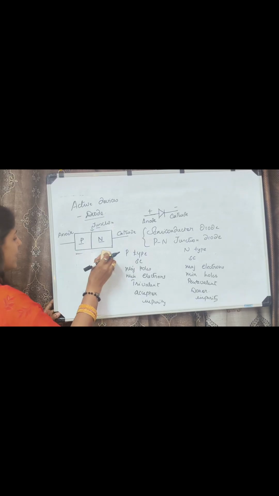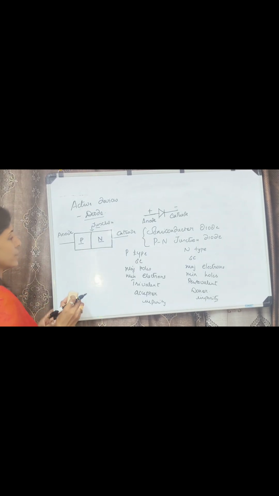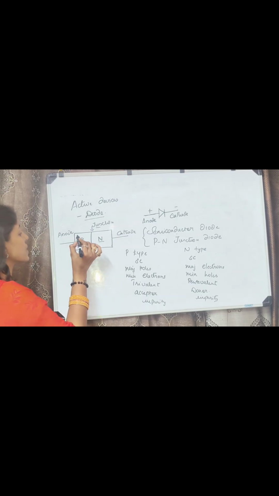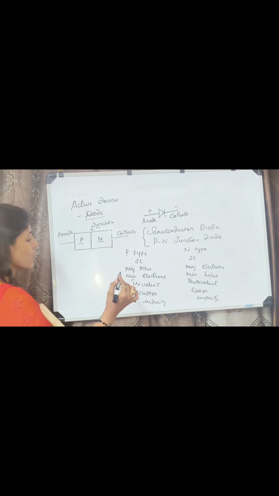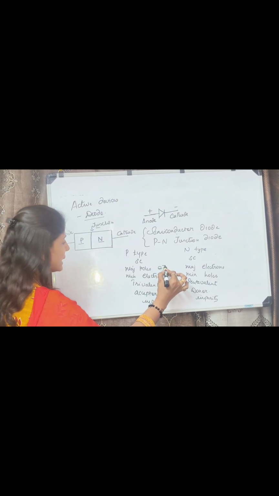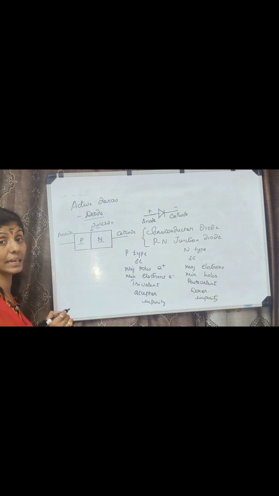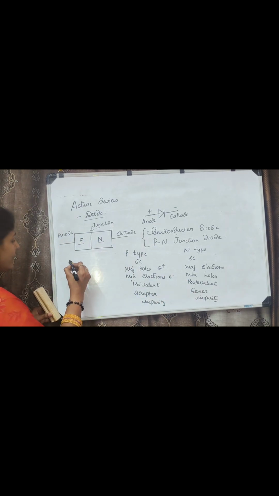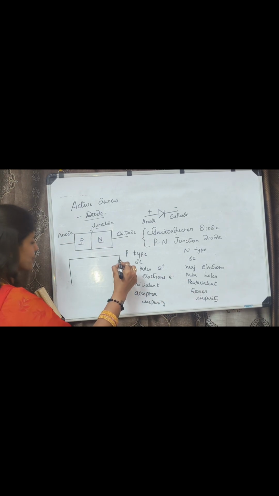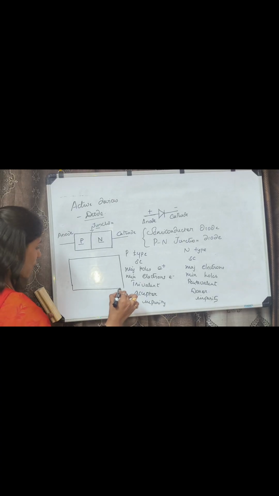See, now check these blocks. Basic block: p-type semiconductor. In the p-type semiconductor, which are the majority charge carriers? Holes are the majority charge carriers. Holes I am representing as e plus and electrons I am representing as e minus. For convenience, I am drawing this as a big block.